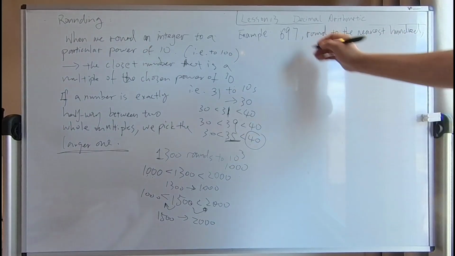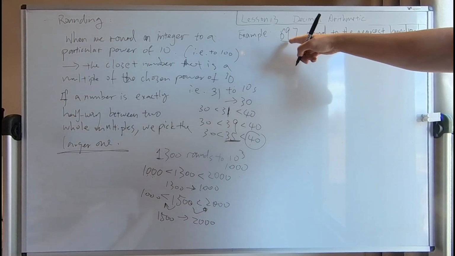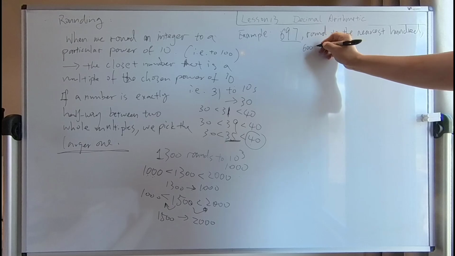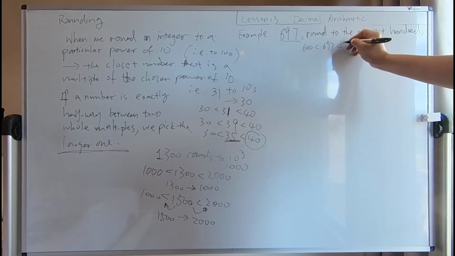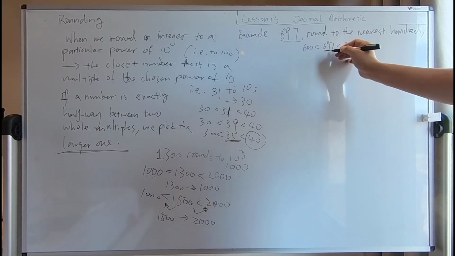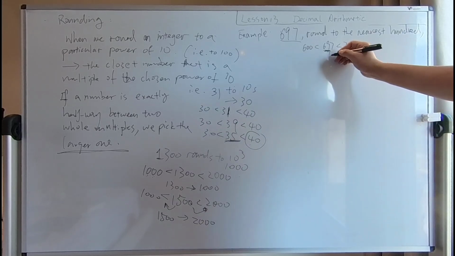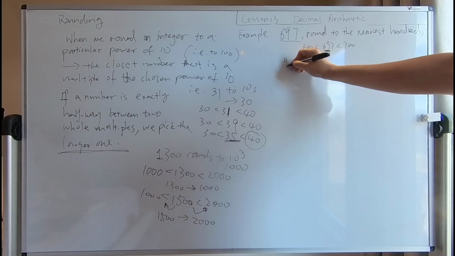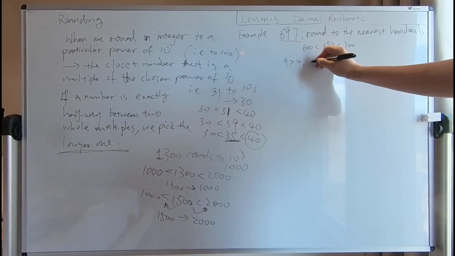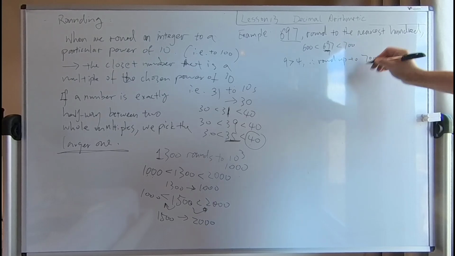Okay, so the hundreds surrounding this number would be 600 and 700, right? And then checking the next digit, 9 is clearly greater than 4. So then we need to round up, because 9 is greater than 4. So round up to 700, right?